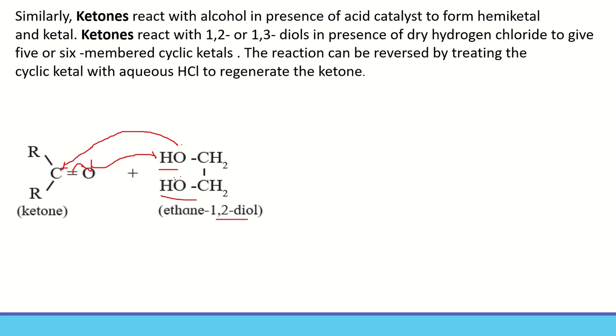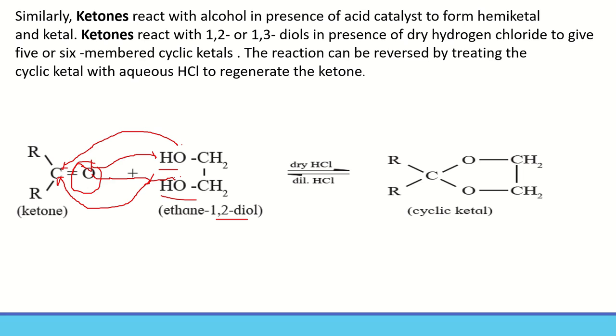Same thing here. A pi electron shifts again to the carbon. Here the oxygen donates the electron to the hydrogen. A water forms here. The water molecule is released from the electrophilic carbon atom, and then the carbon bears positive charge, and then the negative part of this oxygen approaches toward the carbon. You will get this cyclic ketal structure.